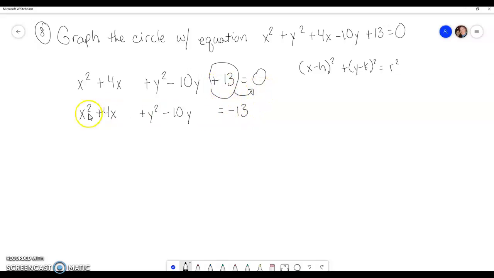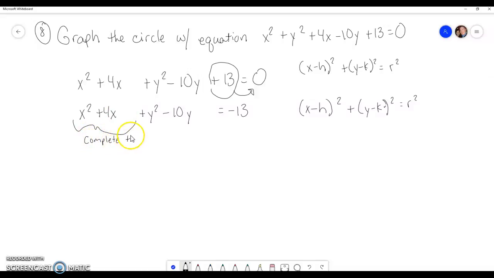Now I need to have something in the form of (x minus h) squared plus (y minus k) squared. In order to do that, I need to complete the square. I'm looking at x squared plus 4x, plus nothing, and I need to complete the square for this.